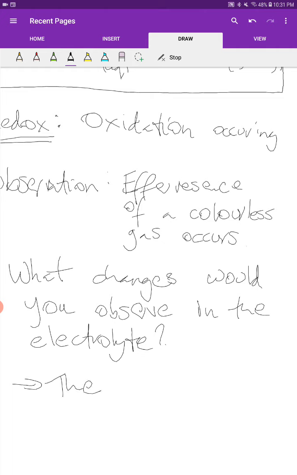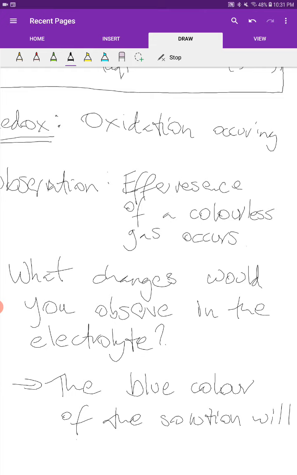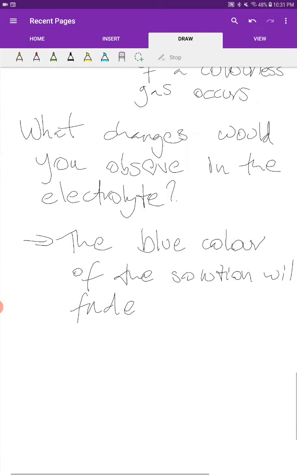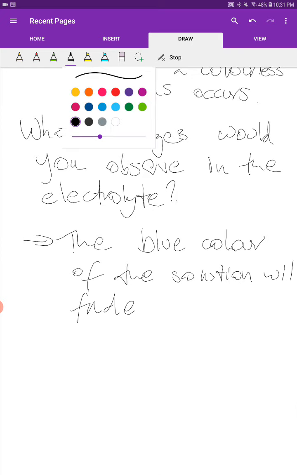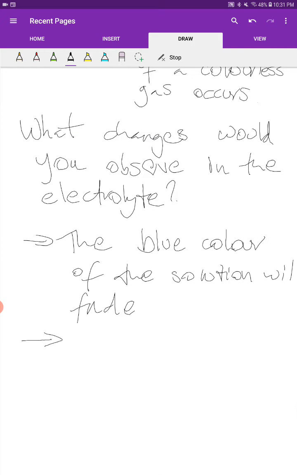The blue color of the solution will fade, and the solution will become more acidic.